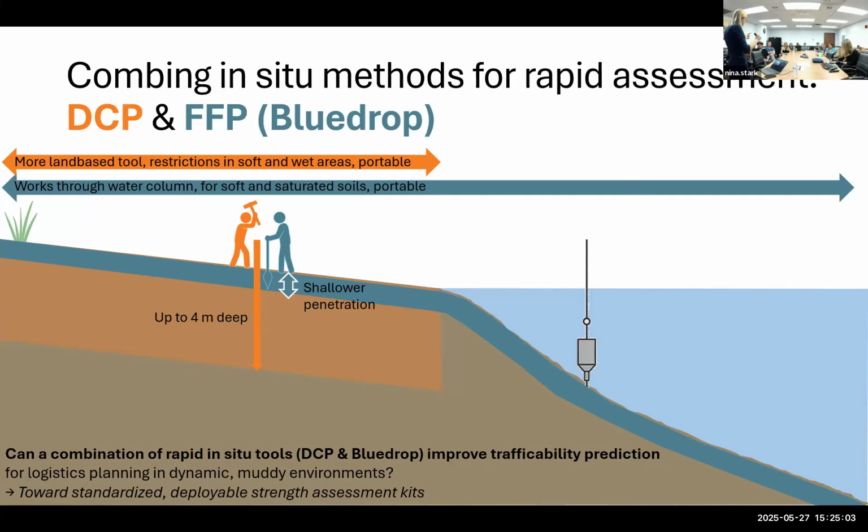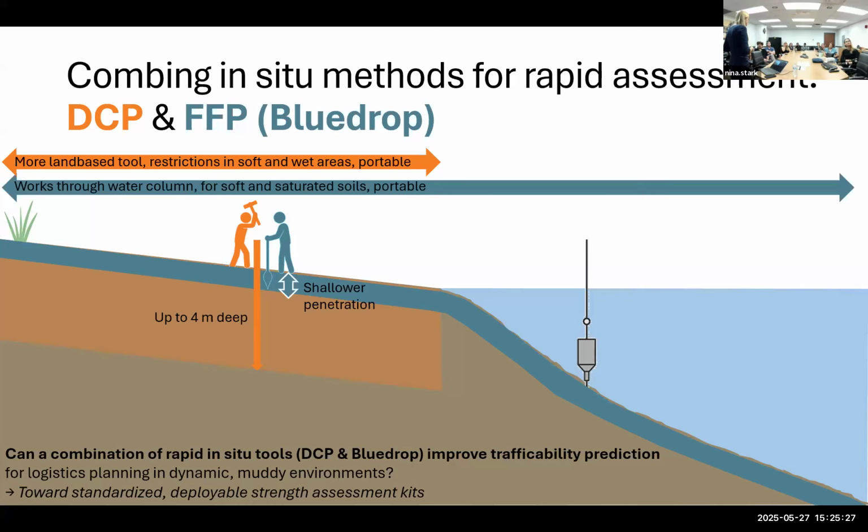The thing is that the Blue Drop can only penetrate the first layers of the surface, in muddy environments up to a depth of about 1 meter. The DCP can go down to a depth of 4 meters and can maybe fill in this depth information.